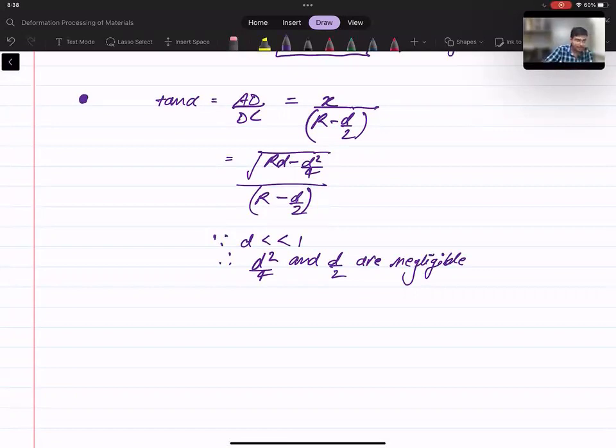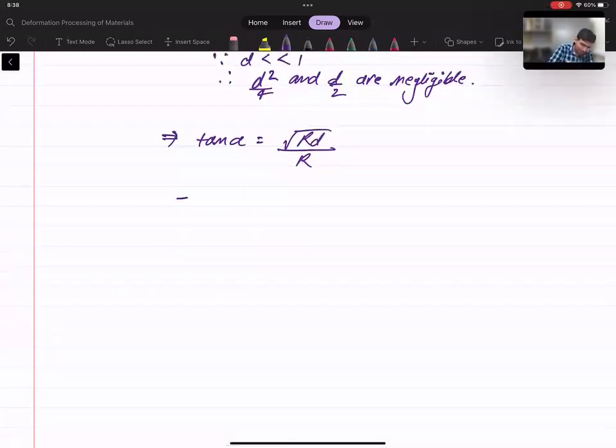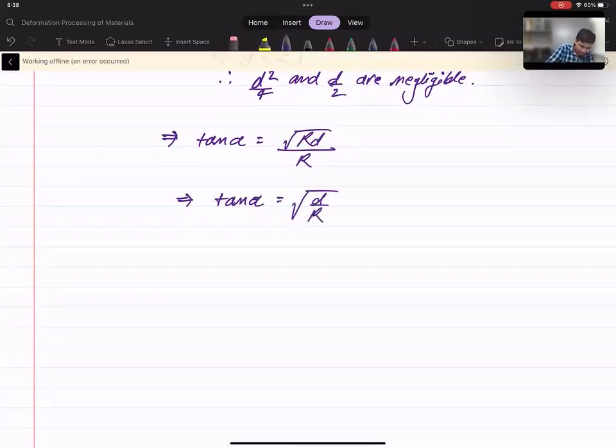Okay. So what we can say is, this tan alpha becomes under root of r d by r, or more simply, tan alpha can be written as under root of d by r.